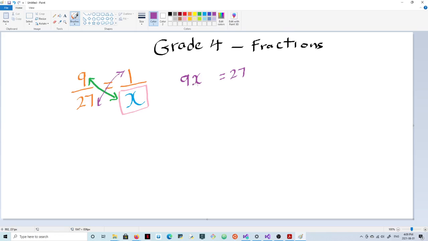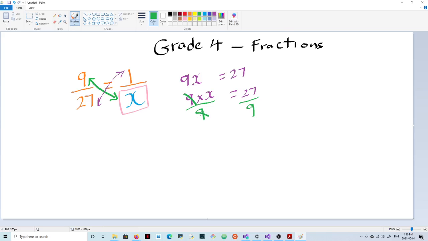Now you want to know what is x, so x has to come here. So this here is really 9 multiplied by x, right? Is equals to 27. Now you want x, so you need to divide by 9 because you want to get rid of the 9. So you divide both sides by 9.